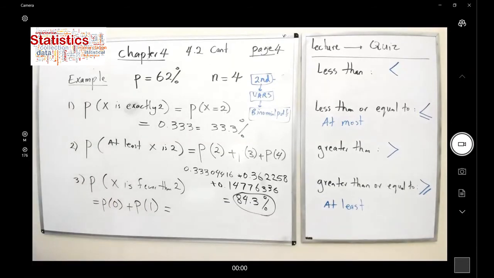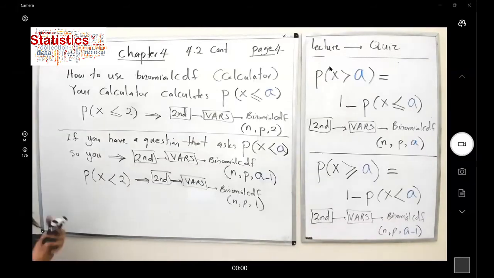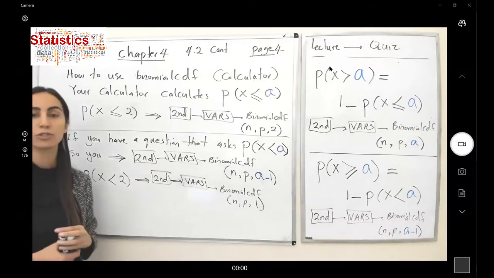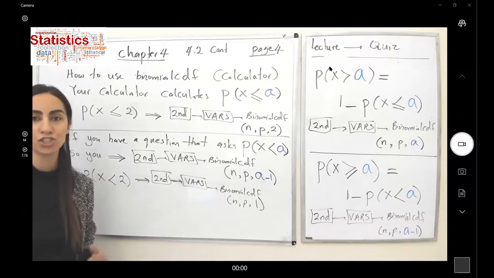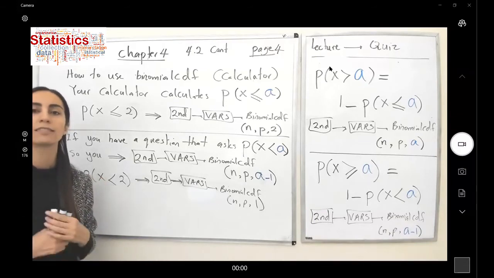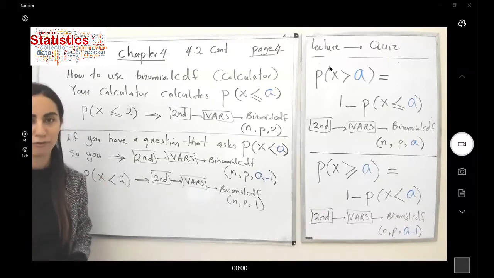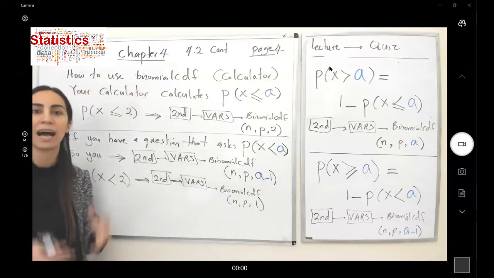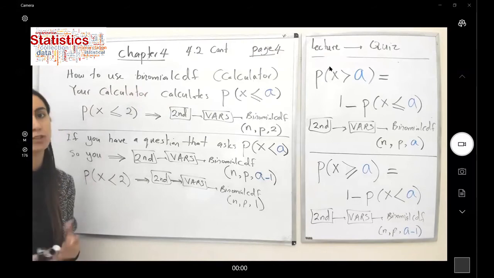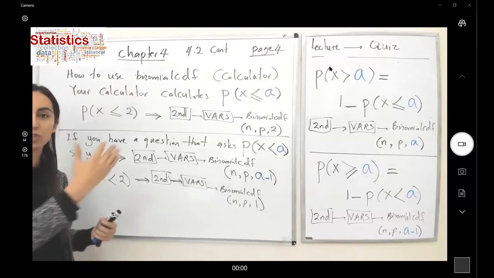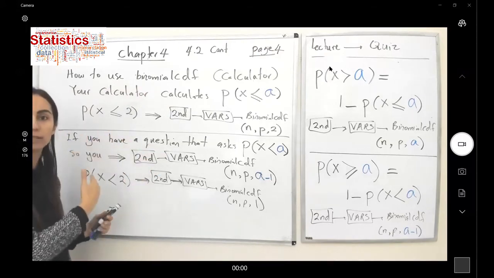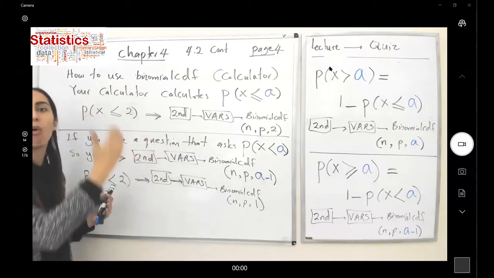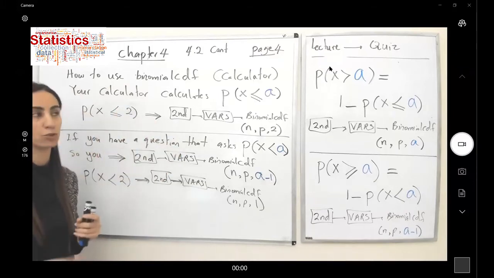So now we're going to use a new function, binomial CDF. How do we use that? Your calculator actually has that function and you can use it. It actually counts the probability less than or equal to a value.